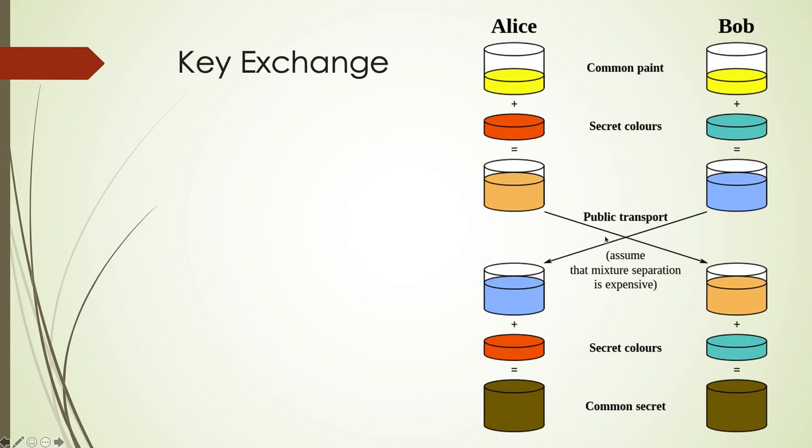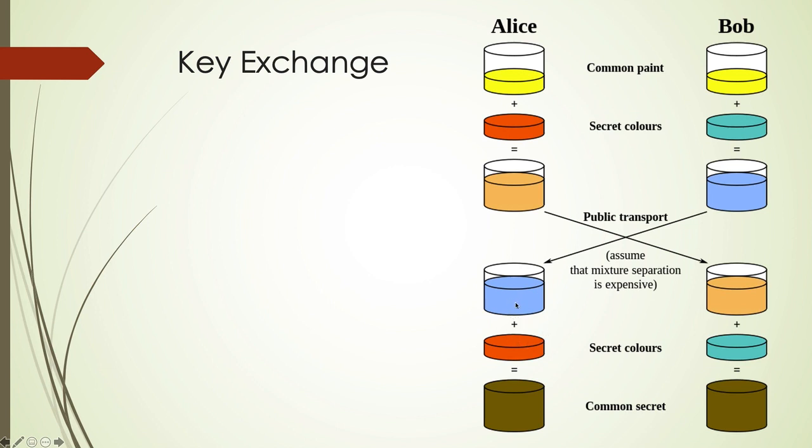So they are not sharing their private keys, they're just sharing their mix of the public key with their private keys. It's really expensive to separate the mixture to get their keys. Really expensive, we assume, but they now have what each other has.